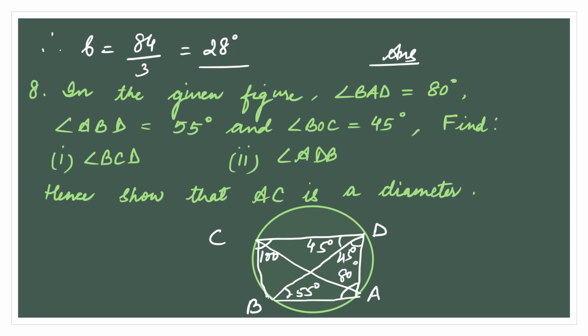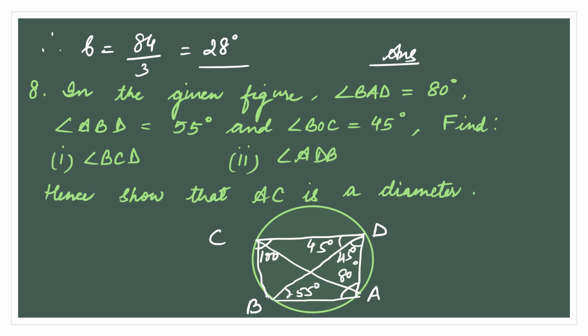But how? By subtracting 80 plus 55, that is 135, from 180 degrees, which will give you 45 degrees. This angle is already given as 45 degrees, and when we add these two angles, what do we get? 90 degrees, right? CDA becomes 90 degrees.